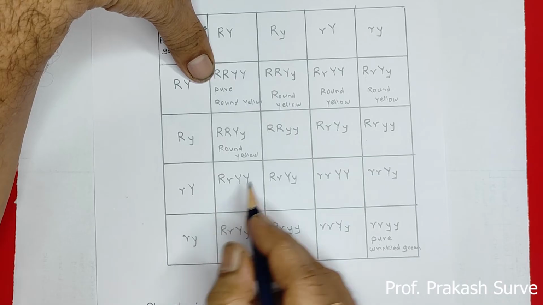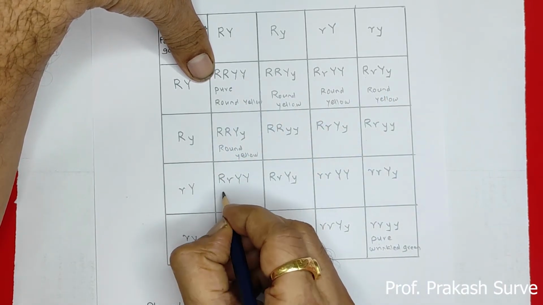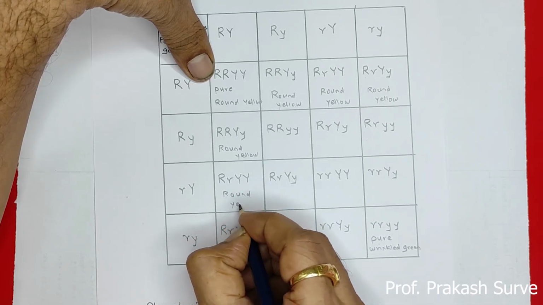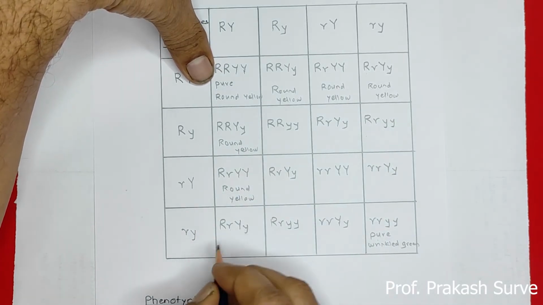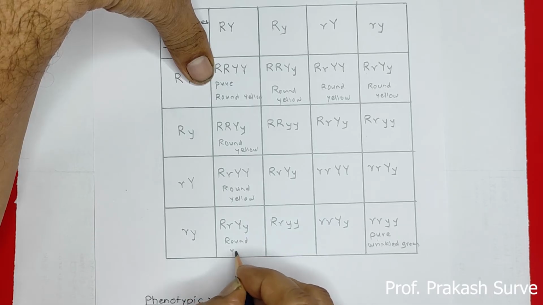Here we observe that, just see this and go this way first. So round and yellow. Round and yellow. Here also a capital letter is there. So round and yellow.